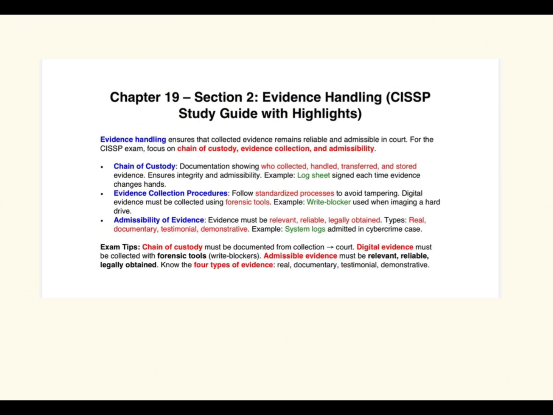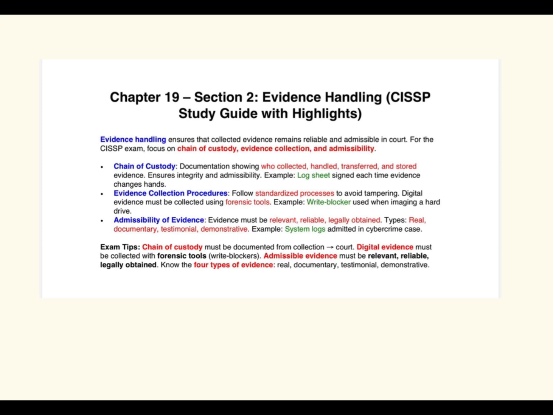So it's not tampered. It includes date and time when it is collected, who collected it, where it was stored, every person who handled it, right? So the details of the persons who handled it and why it was transferred. For example, a log sheet signed every time a hard drive changes hands.